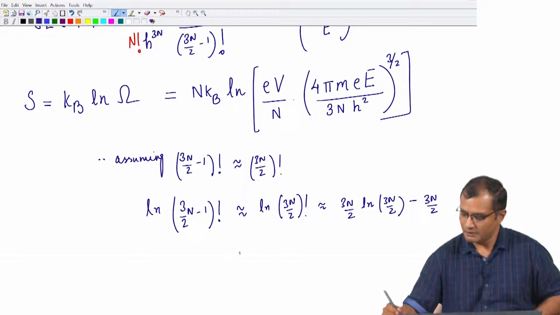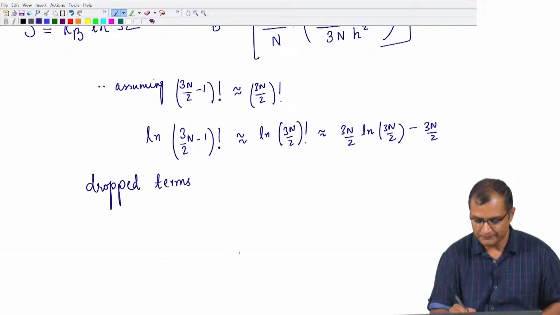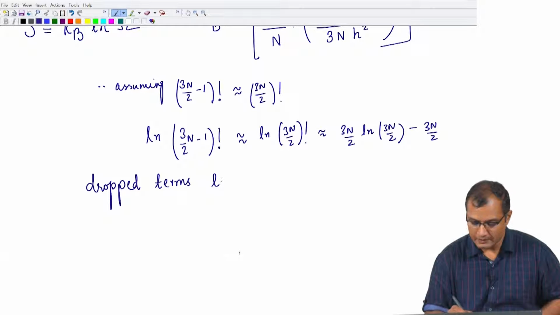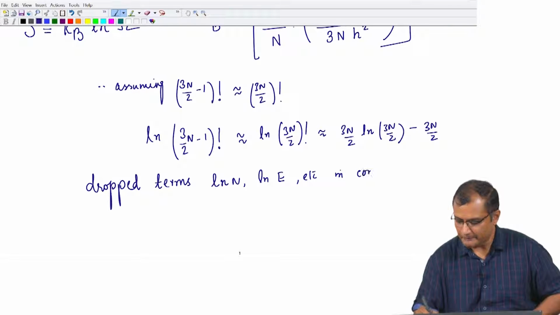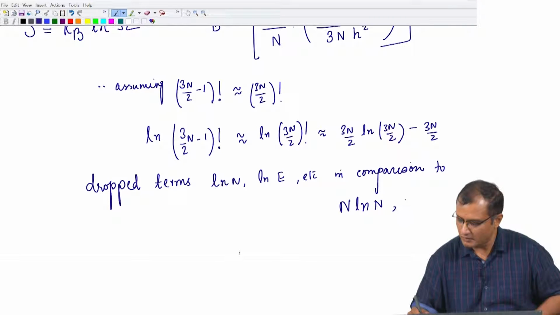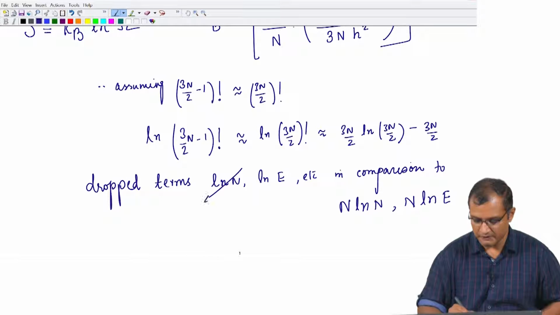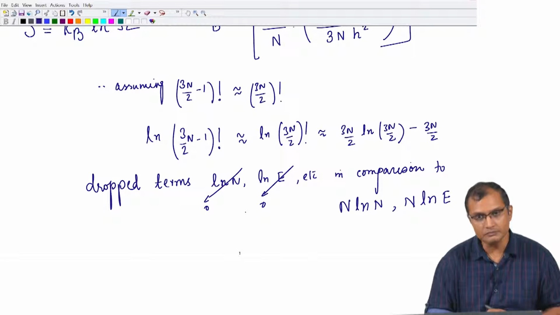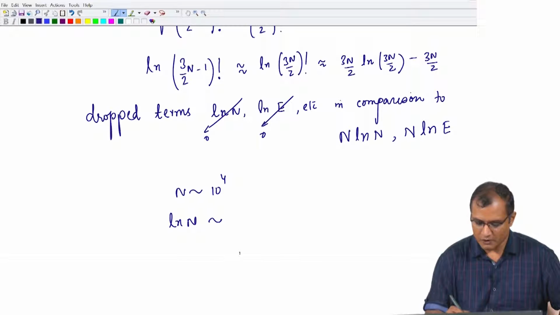Okay. We have also dropped terms like ln N, ln E, etc. in comparison to N ln N or N ln E. So, these terms are much larger compared to these terms which we have taken to be almost negligible, because you can simply see that if I take N as a large number, let us say 10 to the power 4, then ln N is approximately 4.